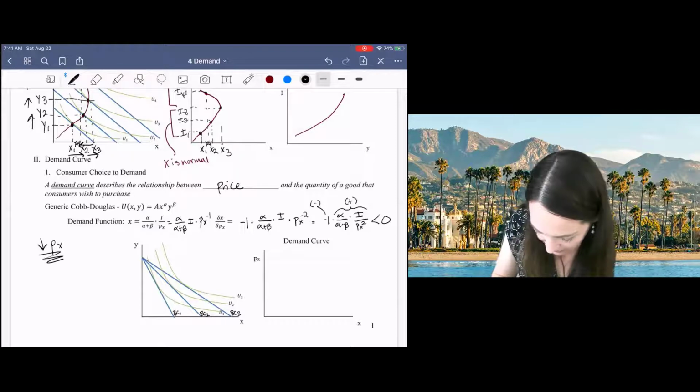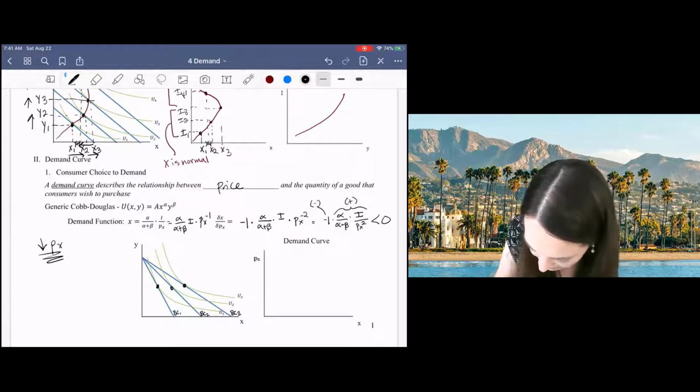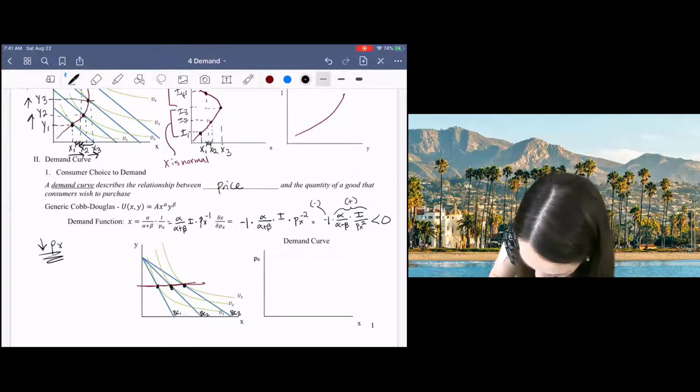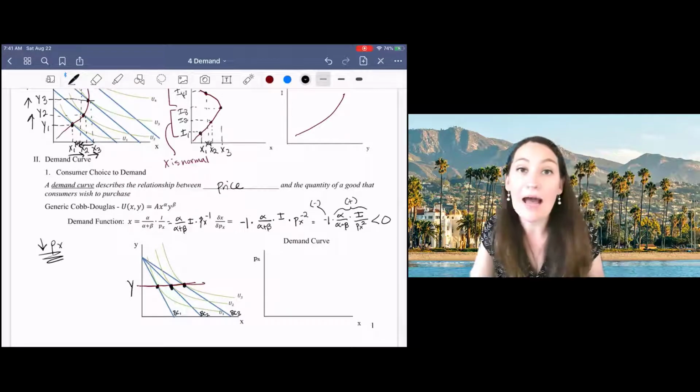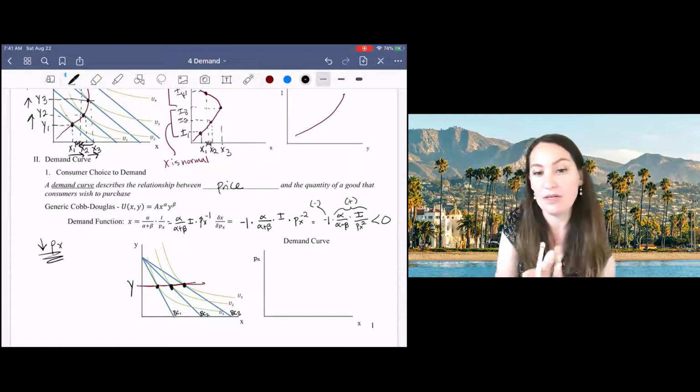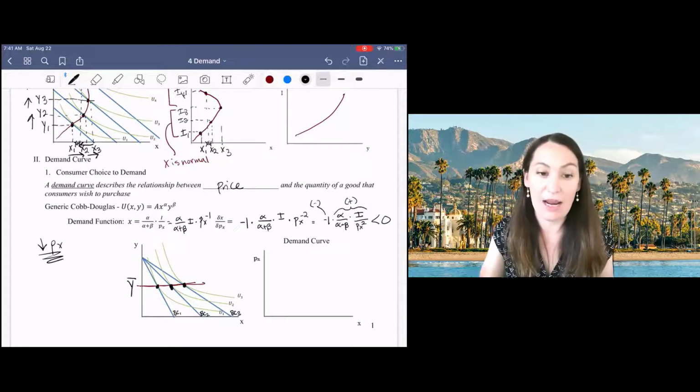And if I look for these tangencies here, I see that what's happening, this should be a straight line here actually. What's happening is that no matter what the price of X, my consumption of Y doesn't change.